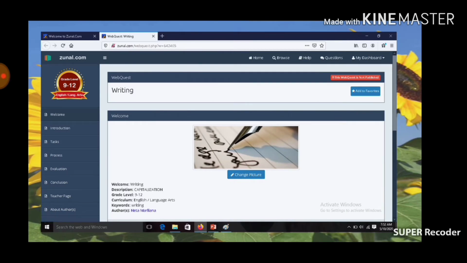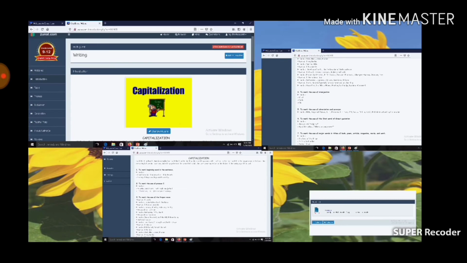Part 1 is welcome. In this page, you can see the description, grade level, curriculum, keywords, and the author as a teacher. Part 2 is introduction. This stage is normally used to introduce the overall theme of the webquest.